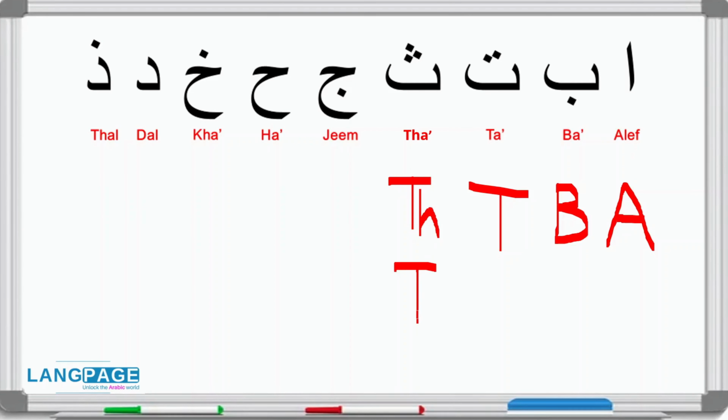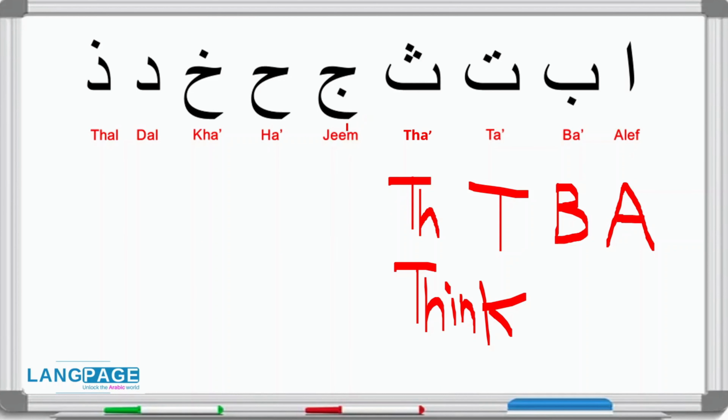This TH is like the word think, because you know there is another pronunciation for TH in English. For this letter, Tha, it will be just like I say the word think. Then later you can see a different TH, how it's pronounced in Arabic.